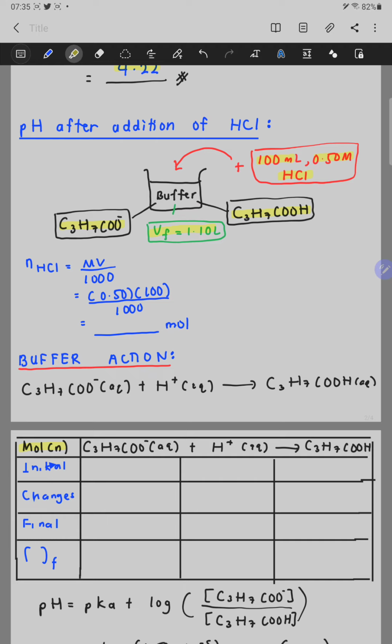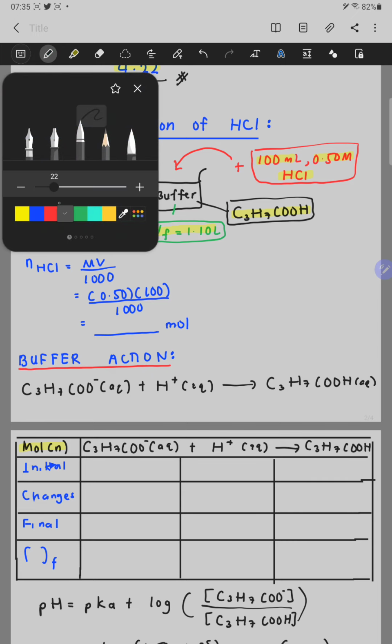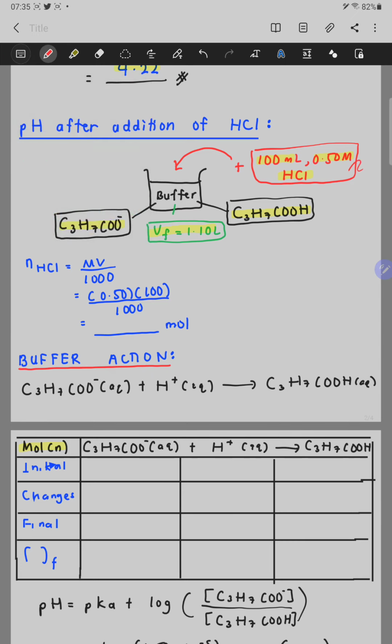Okay, so kita akan cari dulu number of mole of HCl. Okay, so menggunakan juga formula mv over 1000. So 0.50 molar times 100 ml over 1000.